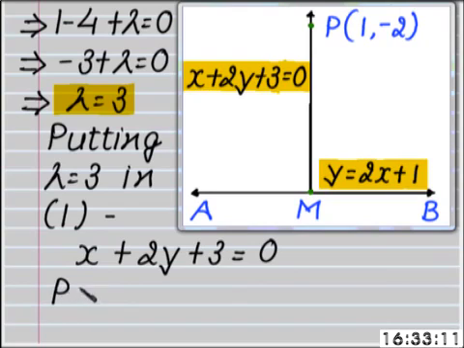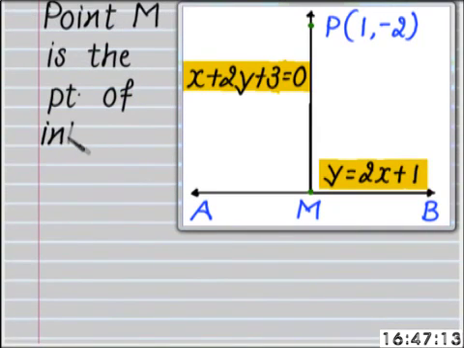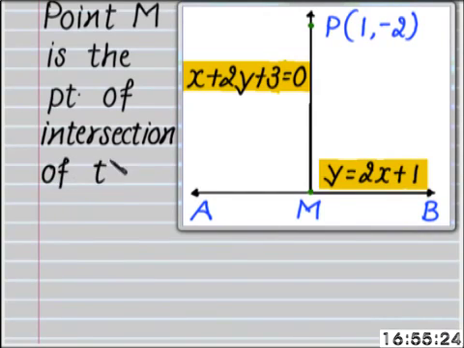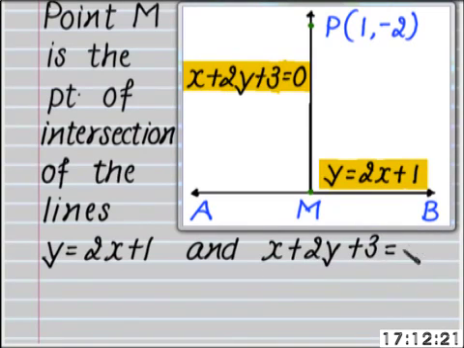Now point M is the point of intersection of the lines y equal to 2x plus 1 and x plus 2y plus 3 equal to 0.